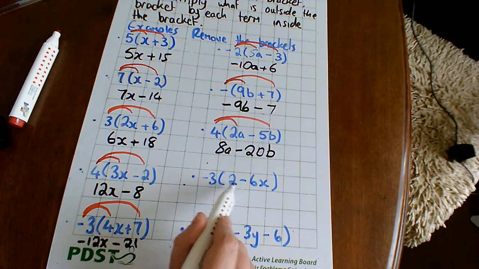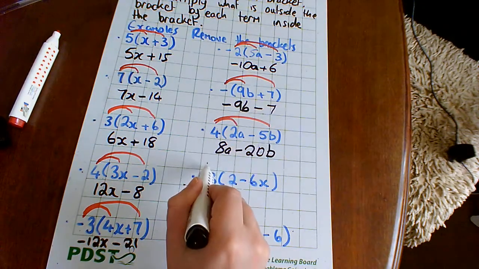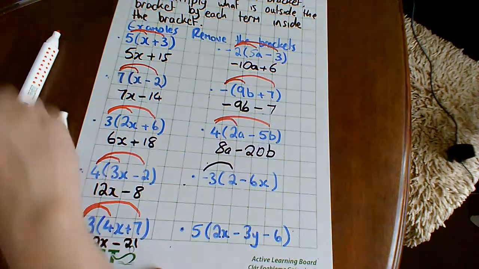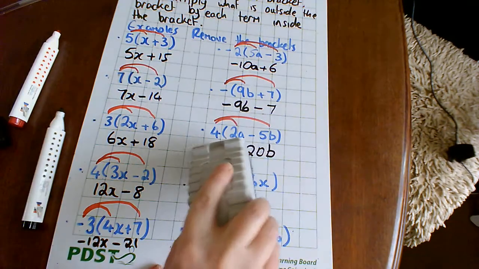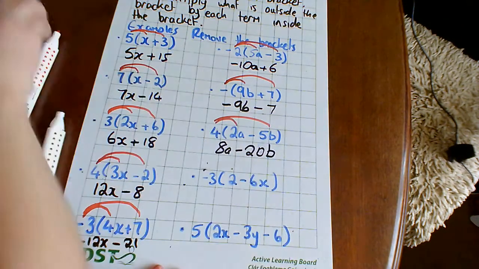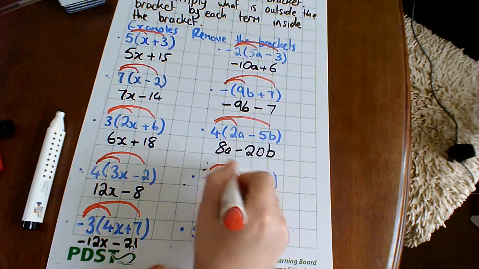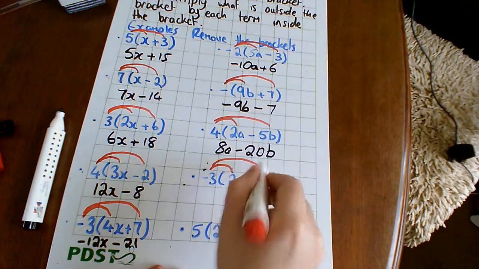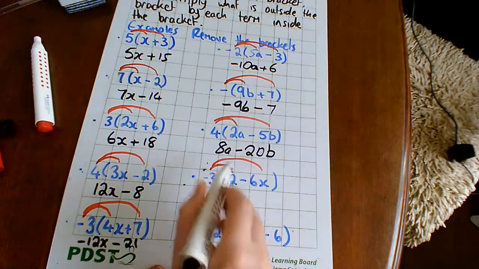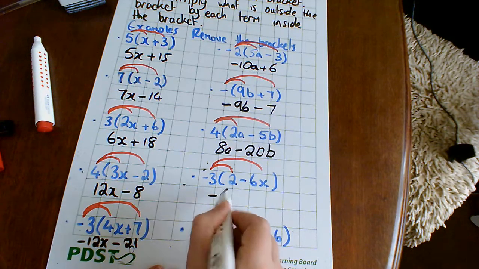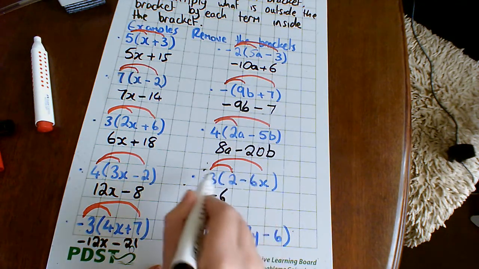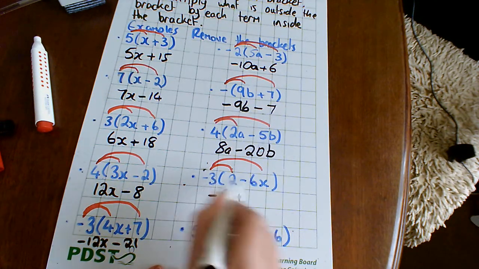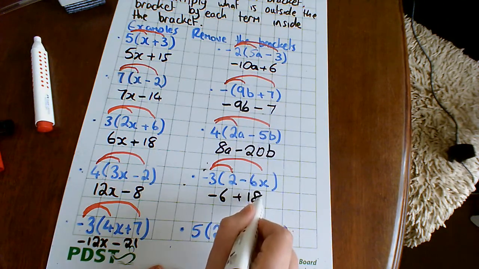Here, we have the number before the x. It doesn't make a difference. Just minus 3 by 2. Sorry, I'll do it in red just for continuity. Minus 3 by 2 and minus 3 by minus 6x. So minus 3 by 2 is minus 6 and minus 3 by minus, and minus by minus is plus, 3 by 6x, 18x.